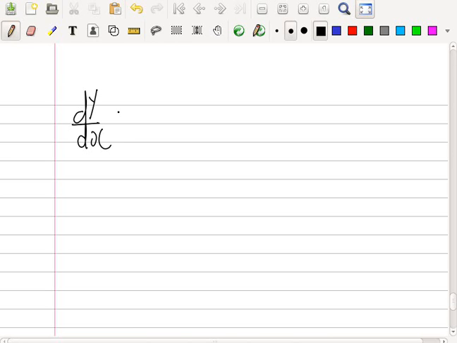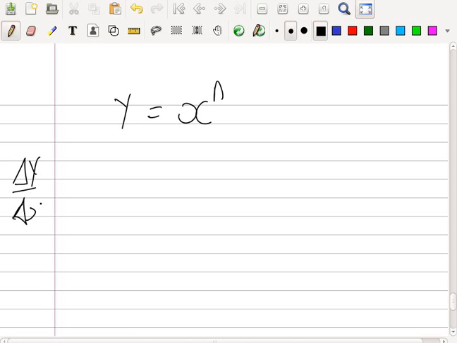So the first rule we're going to look at is how do we calculate the derivative if the function looks like this. Using our formula, delta y over delta x is (x plus h)^n minus x^n all over h.